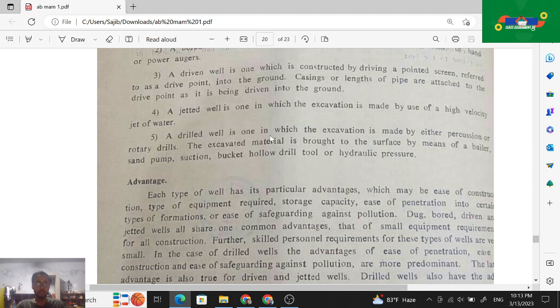A drilled well is one in which the excavation is made by either percussion or rotary drills, and excavated material is brought to the surface by means of a bailer, sand pump, suction bucket, drill tool or hydraulic pressure.